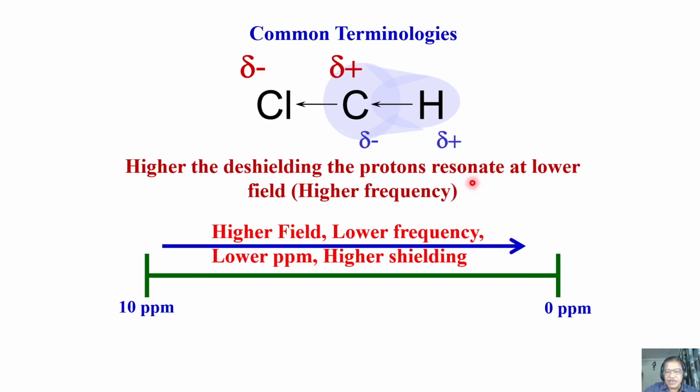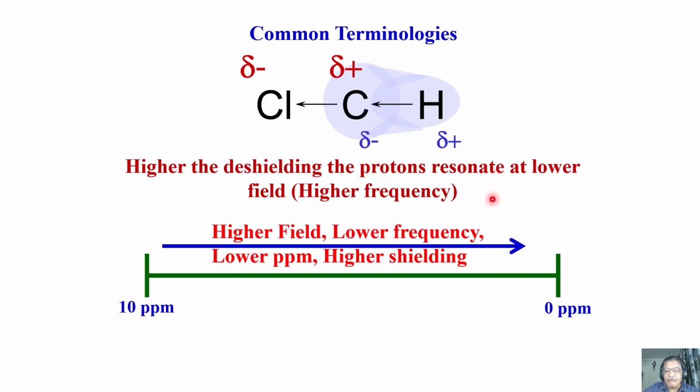The peak that comes here is at high field, and the peak that comes here is at lower field than the peak that comes there. So when you move towards the right, you are moving towards higher field, or in other words, towards lower frequency.